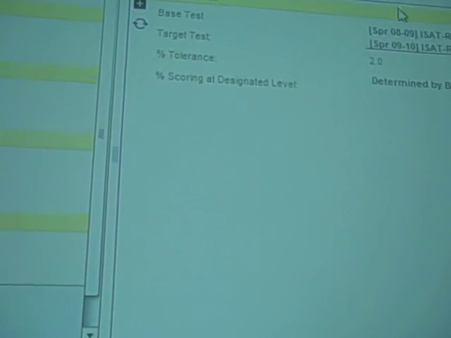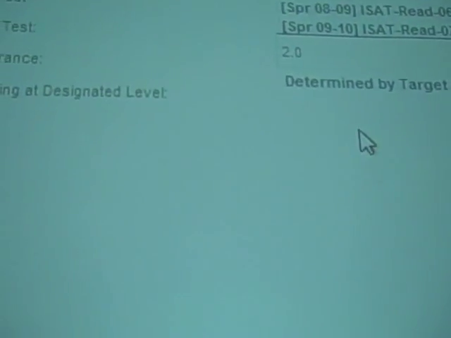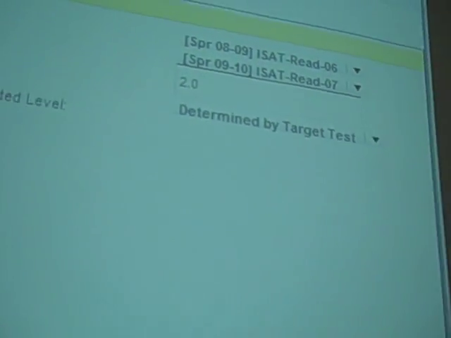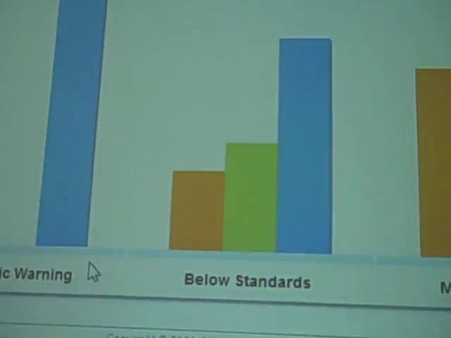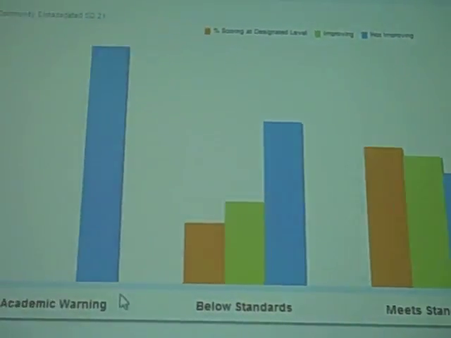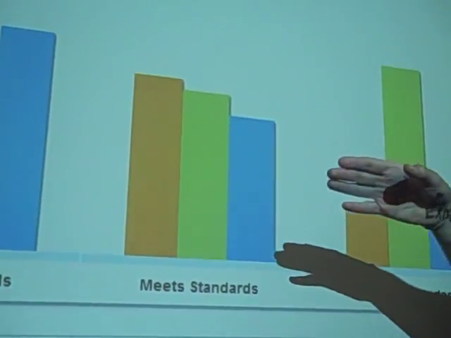Okay? I'm going to leave this at 2%, and I again want this to be based on the target test. Okay? Now I'm going to run this query. Before we saw 3 graphs in one, now you're going to see 5 graphs in one. Okay, you're looking at 5 graphs right here. So, the first graph, again, is the orange graph.